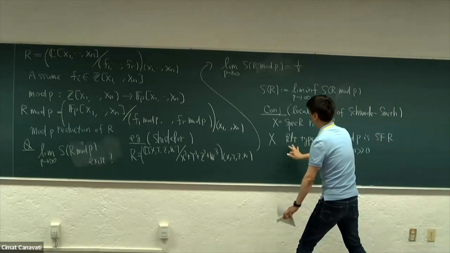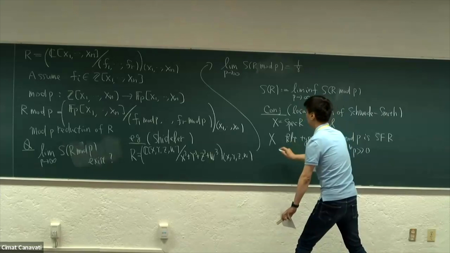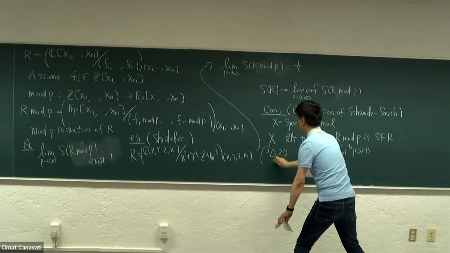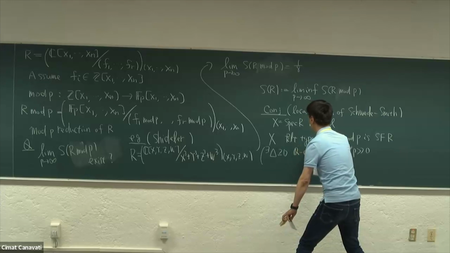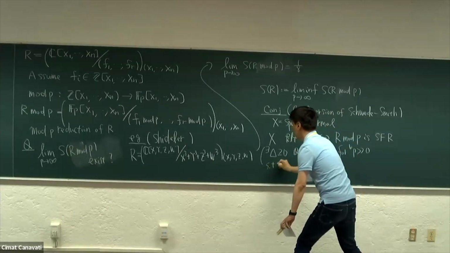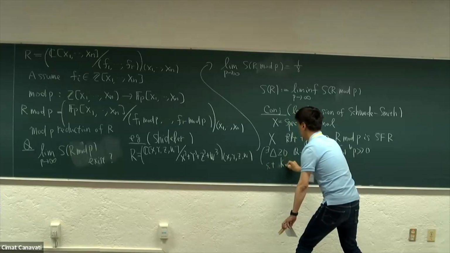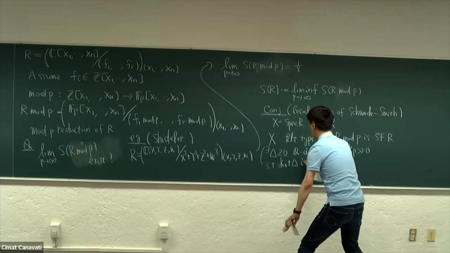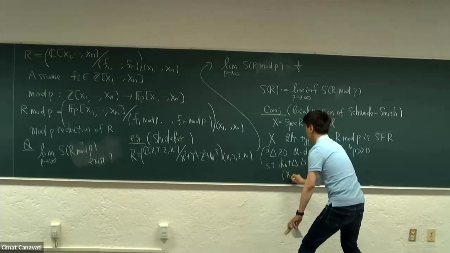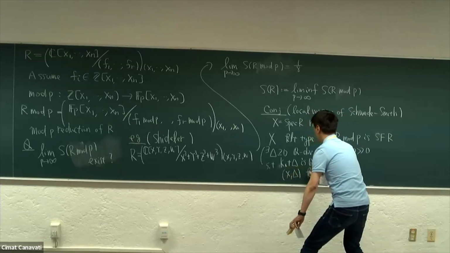I will explain roughly a little bit about KLT type. KLT type means there exists an effective Q-divisor Delta on X such that K_X plus Delta is Q-Cartier, and the pair (X, Delta) is KLT.